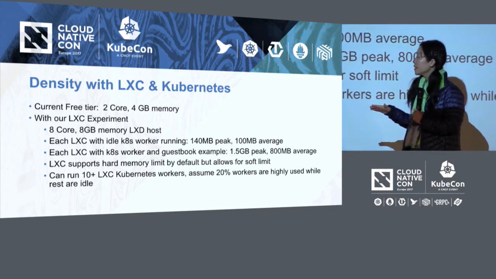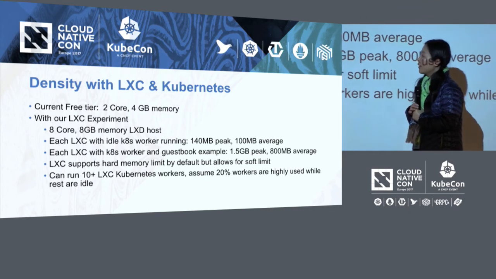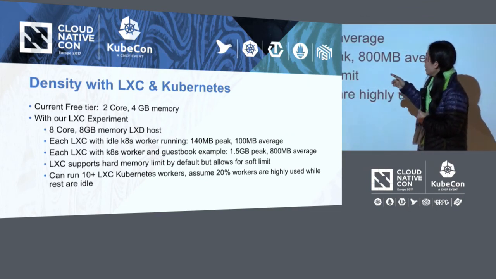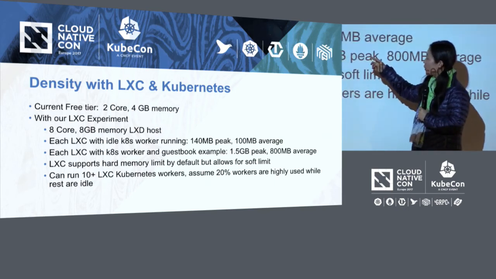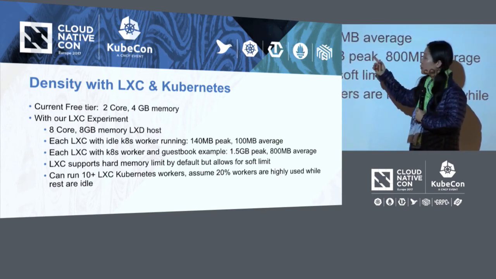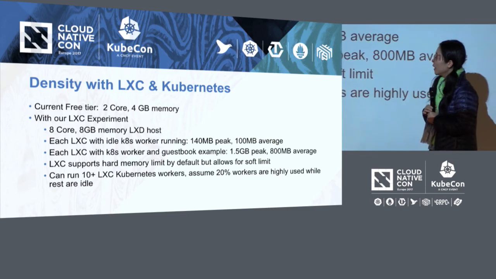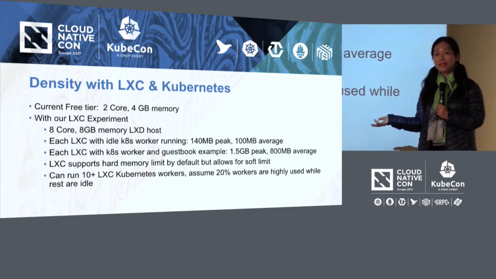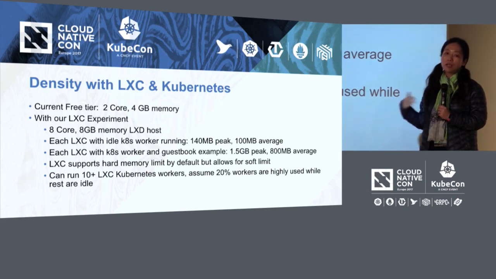That's my LXD host. Each LXC with a Kubernetes worker running, we've measured 100 megabytes as the average, with 140 as the peak. And if we run the guestbook, because we have multiple replicas of the guestbook and it has a couple of services, it's an interesting application.